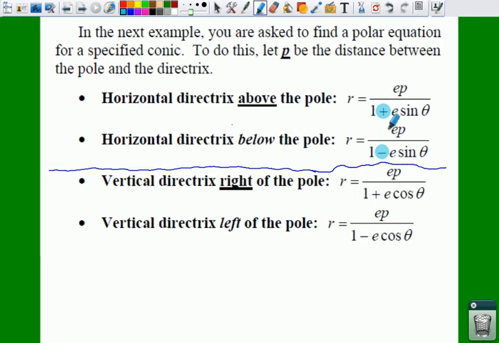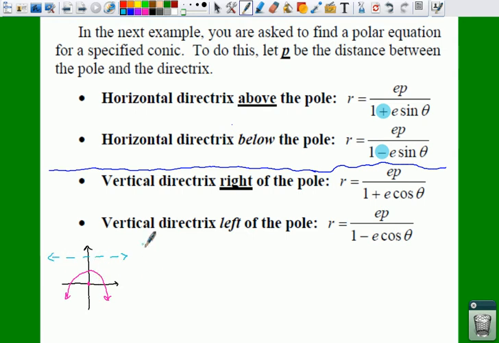What that means is if it's a positive, you have a horizontal directrix above the pole. The pole is what we call your origin. So if we have a little graph, you have to remember that the focus of your graph would be at your origin, and then you'd have a directrix, a horizontal line above your pole.